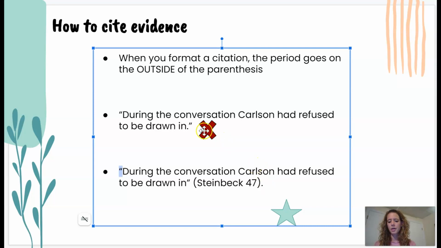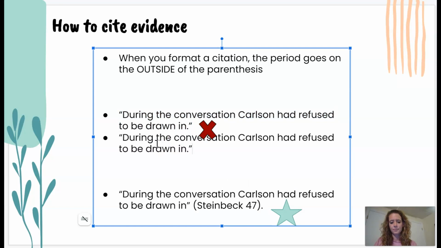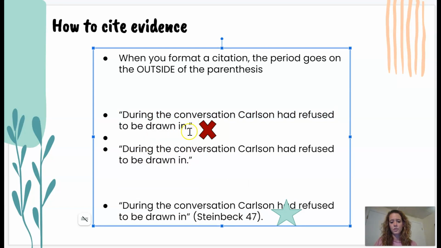Okay, there are some common ways to continue to not do this right, and I want to help you avoid those. One of the ways that students do this incorrectly a lot of the time is they'll put a period after the quote and then they will cite it and put a period there. And now we have two periods, and that doesn't work.